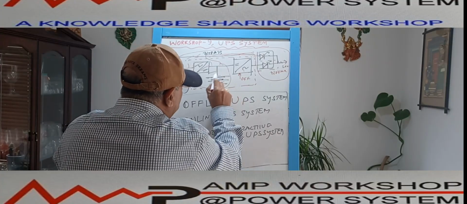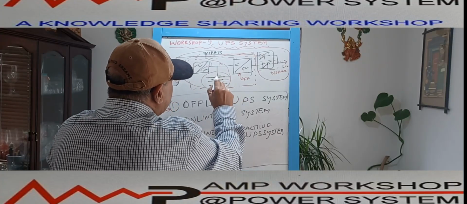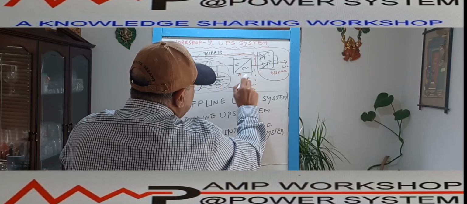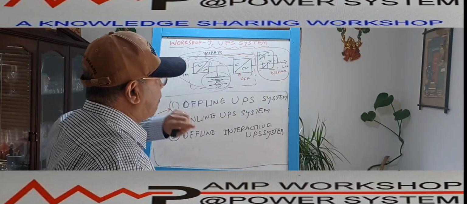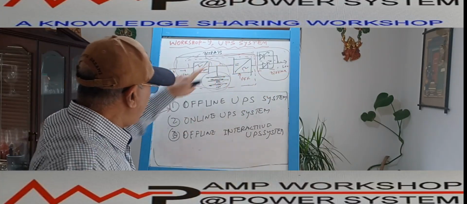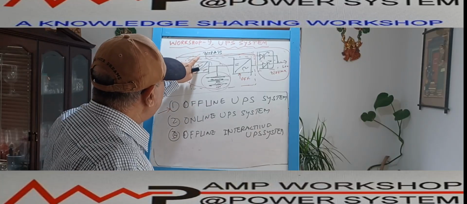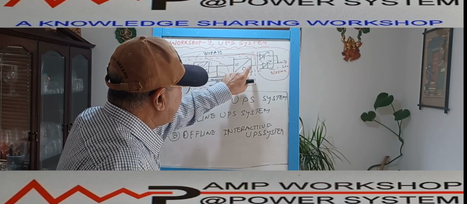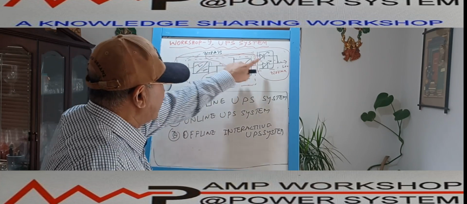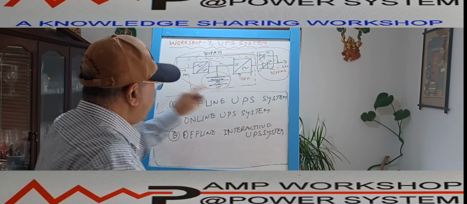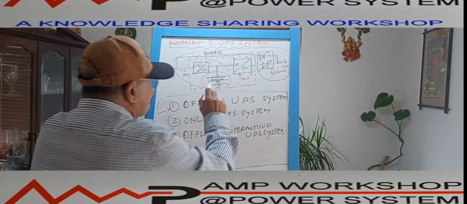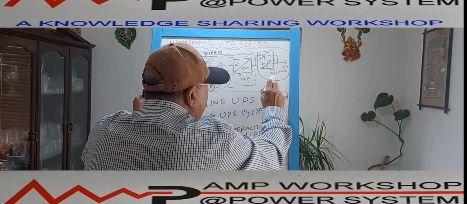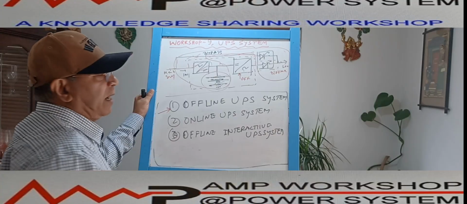At that time, this battery is discharging through the inverter and it is catering to the load with good quality power. So in the case of offline UPS, in normal condition, the inverter is off, and the rectifier and bypass are on. But the moment the normal main supply fails, immediately this battery and inverter will come into picture and supply.